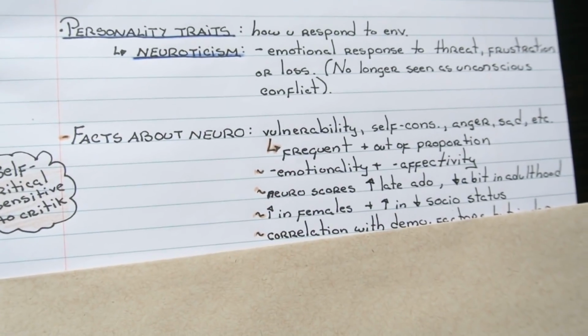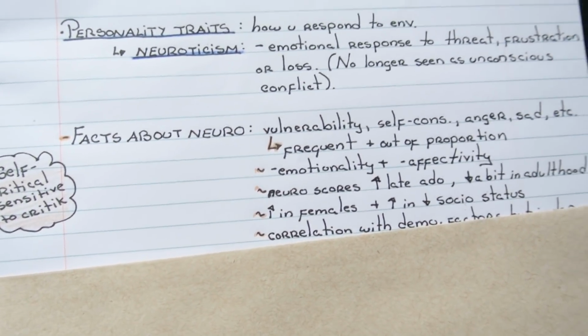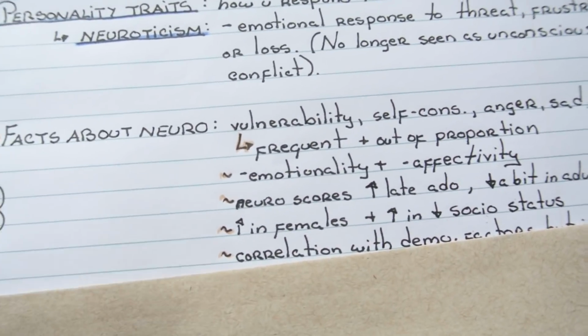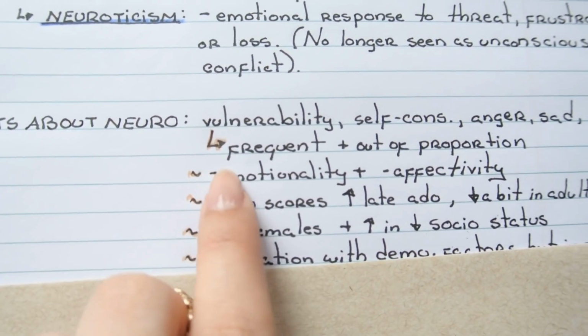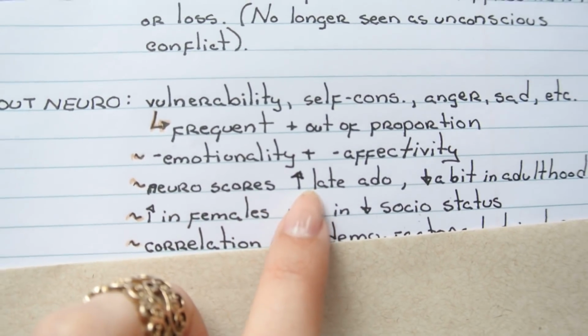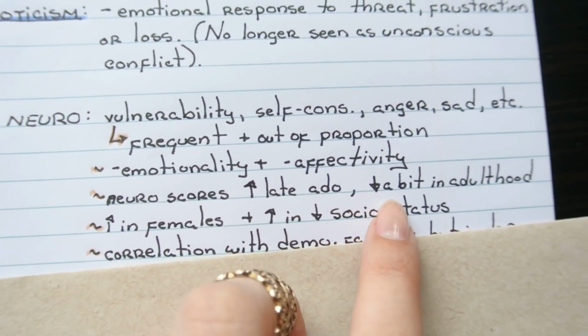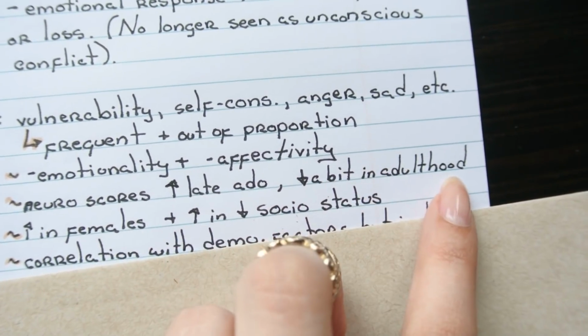And let's go back. Here I kept reading the article and I kept reading facts about neuroticism, and I just want to give you some examples. Negative emotionality, I didn't write negative, I just put a little minus sign. Negative affectivity. Neuroticism scores are high in late adolescence, and this means it goes lower a bit in adulthood.